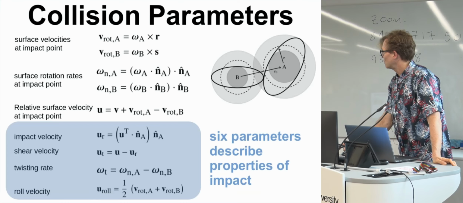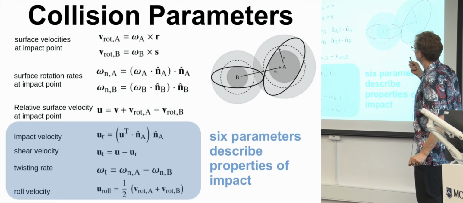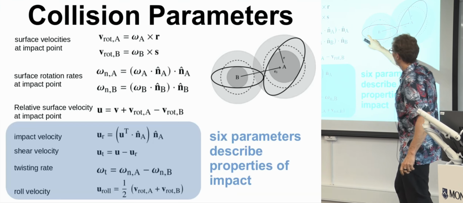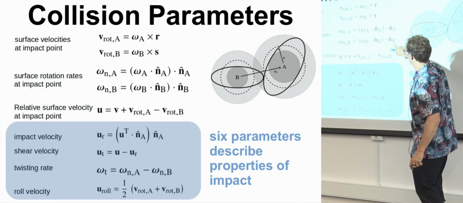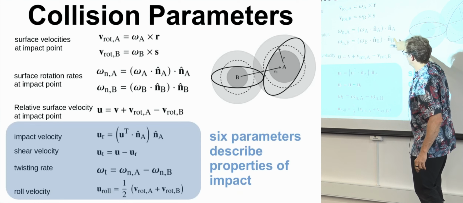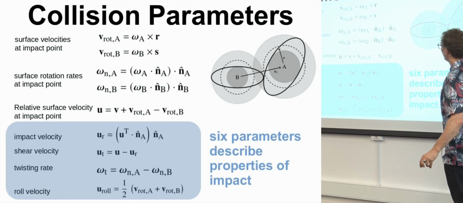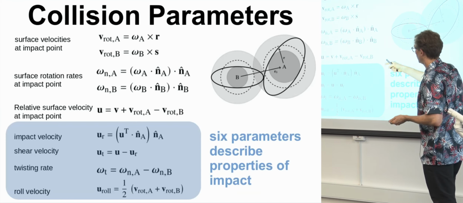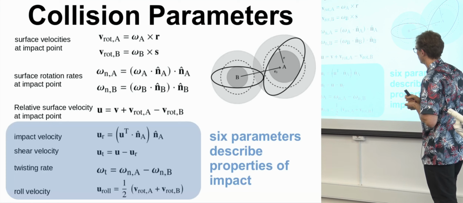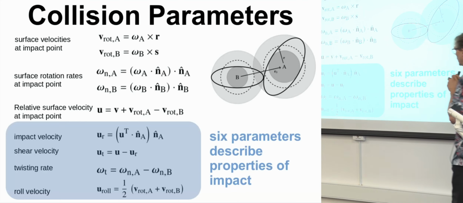So what I come up with is, when these objects collide together, you have rotational velocities of these two objects at the surface or at the interaction point, and you have rotation rates of your objects, or the projected rotation rates, and you will have some relative surface velocity. Using all of these, you can then compute typical impact parameters.